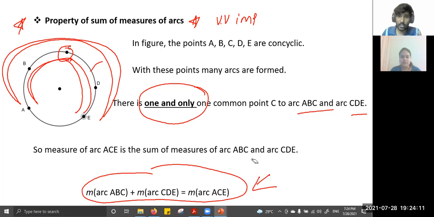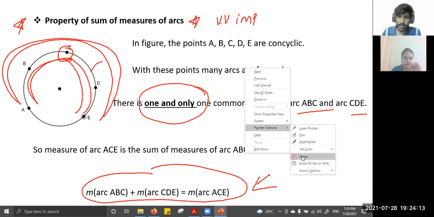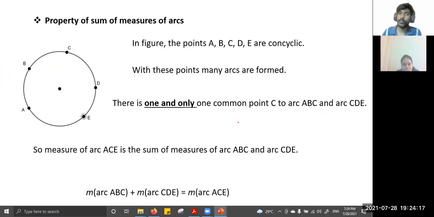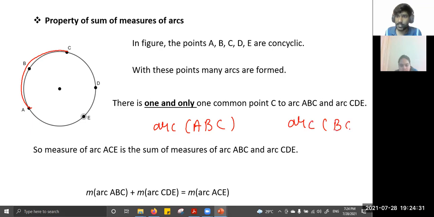Not distance, points. There can be many points in the two arcs, but the common point has to be the same. For example, arc ABC is this one, and arc BCD is this one.